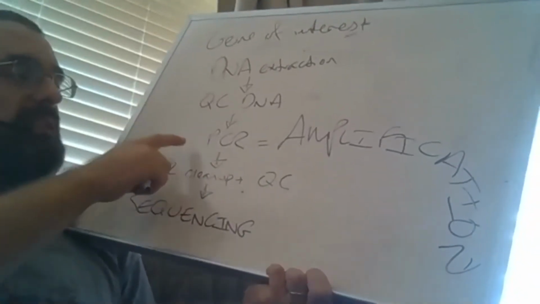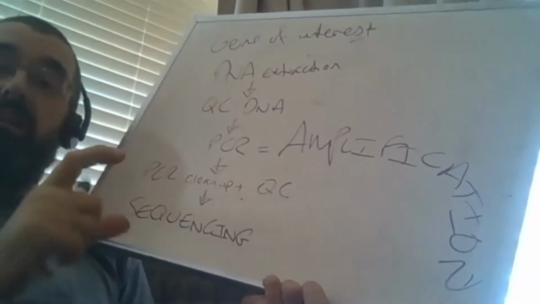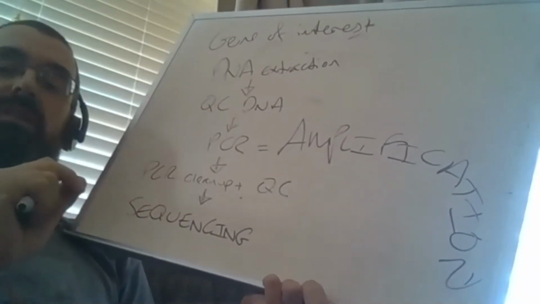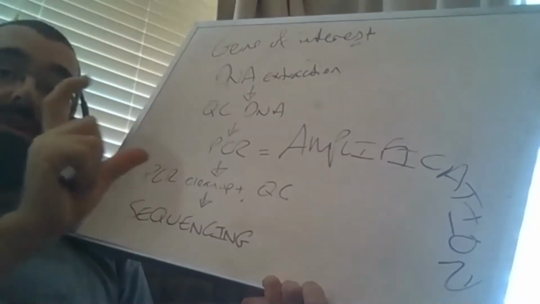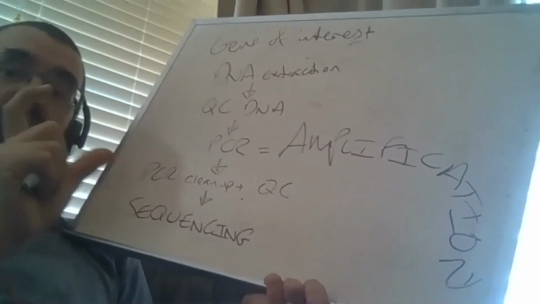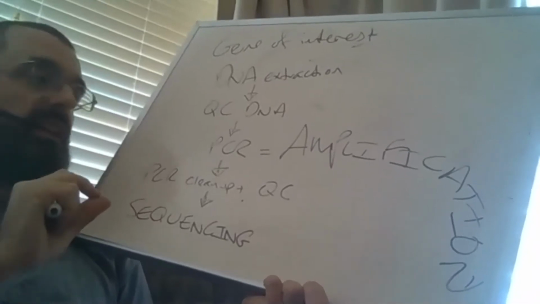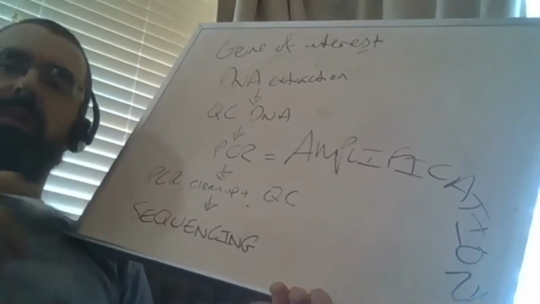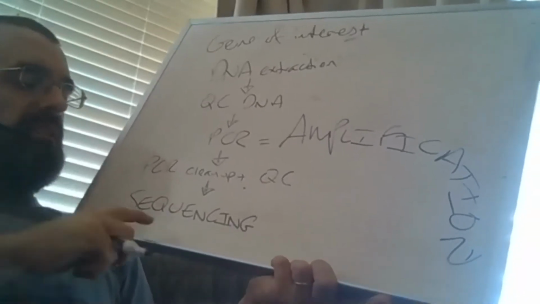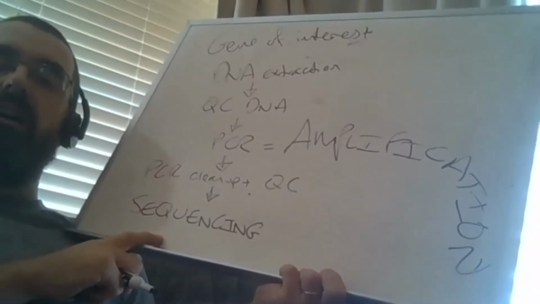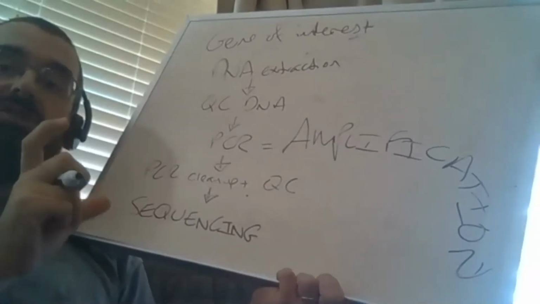You clean it up, and then you narrow the field down, ideally to just the bit that you're interested in, right? So that when you sequence it with primers, which essentially recognize just that bit of DNA, and we'll talk about primers and what they mean later on when we get to PCR, then you're able to generate sequence information for that gene of interest.